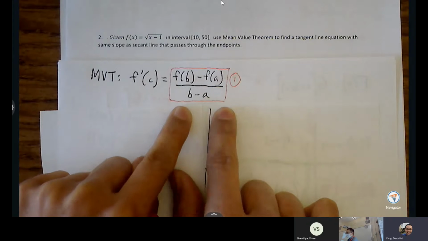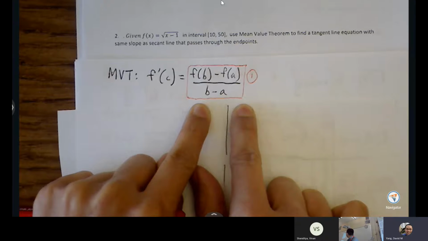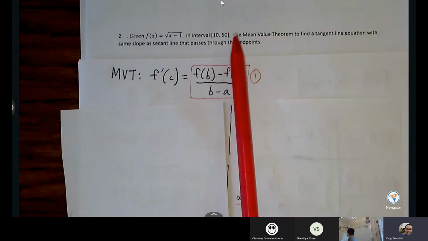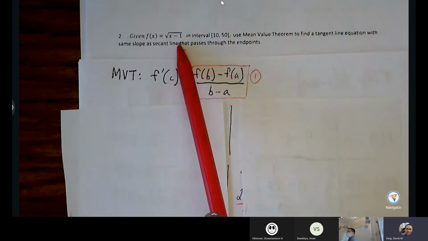So how do we find the slope between the endpoints? Any idea? Can we use the ordered pair somehow and the function somehow to do that?